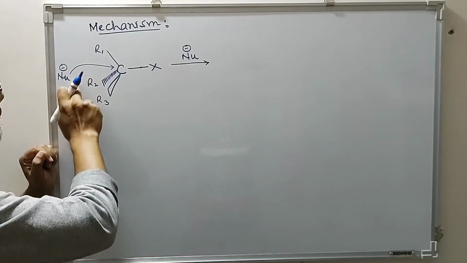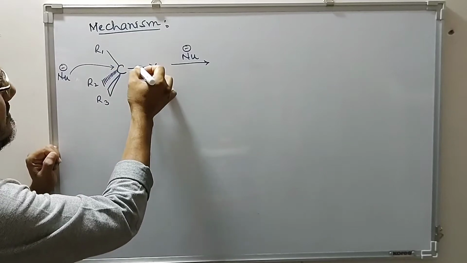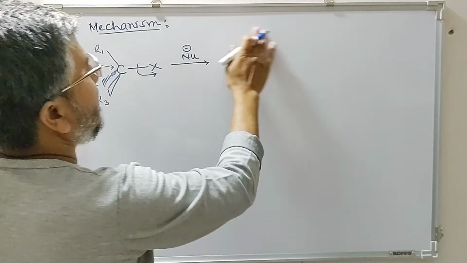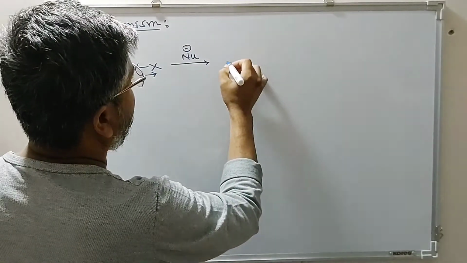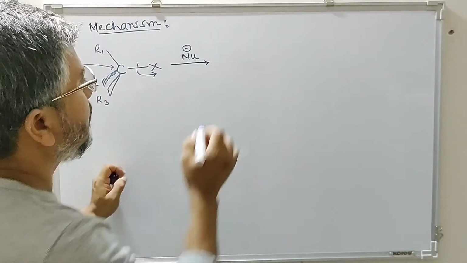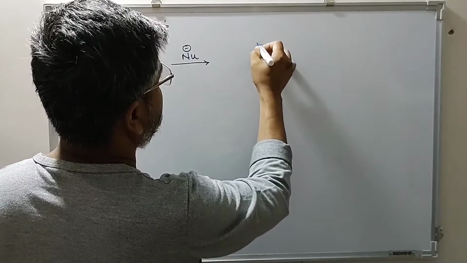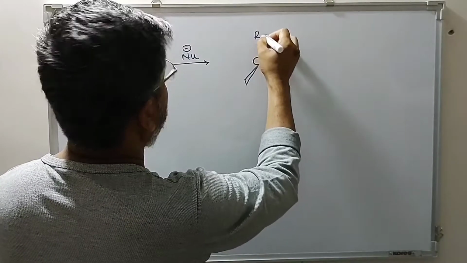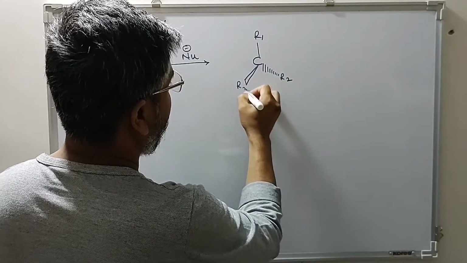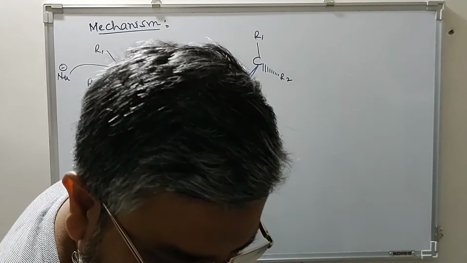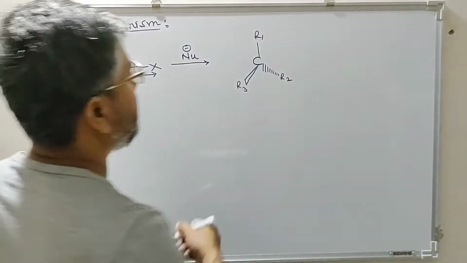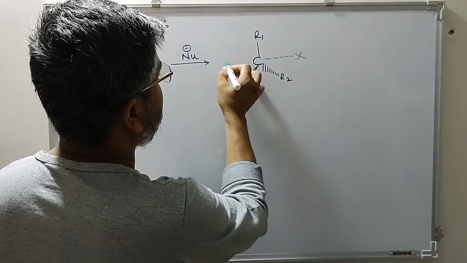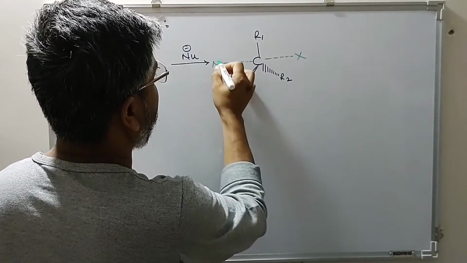So when this nucleophile approaches this electrophilic carbon, this X minus leaves the system with the electron pair, and in this process a transition state is formed in which, now look at this, we have this carbon, so this is R1, R2, R3, and both the groups, that is X, this is Nu.